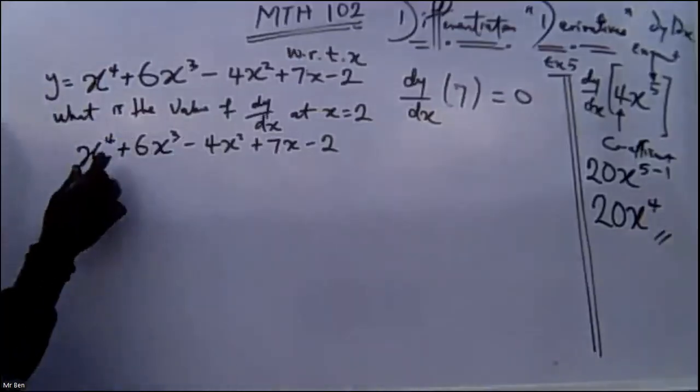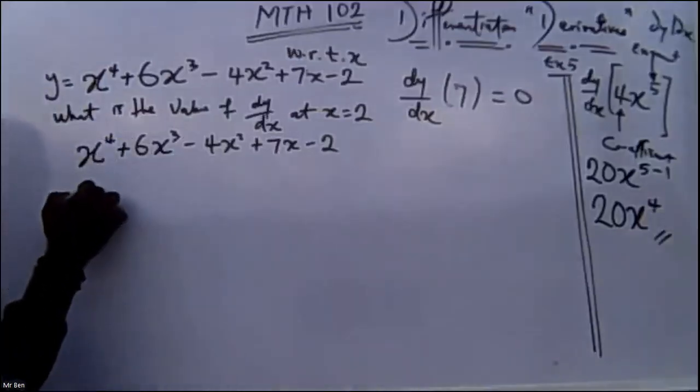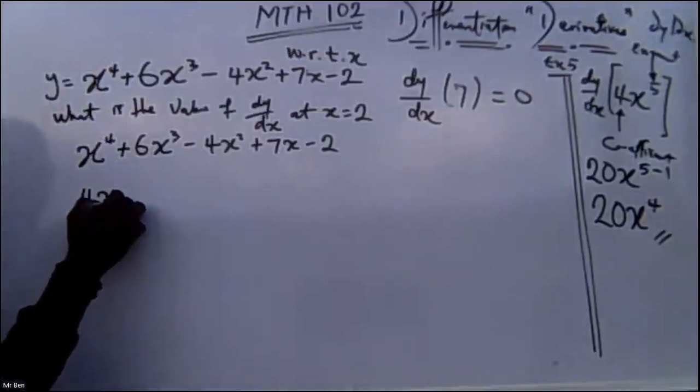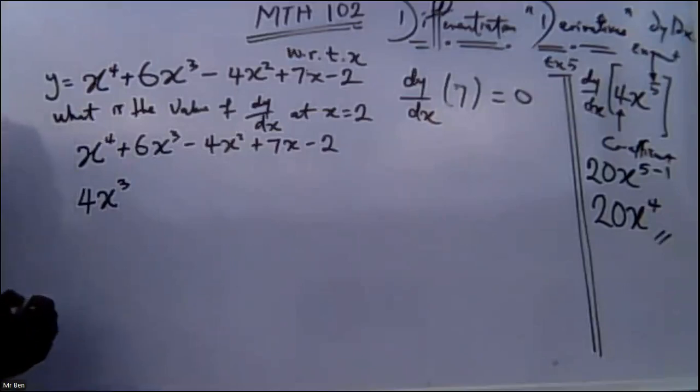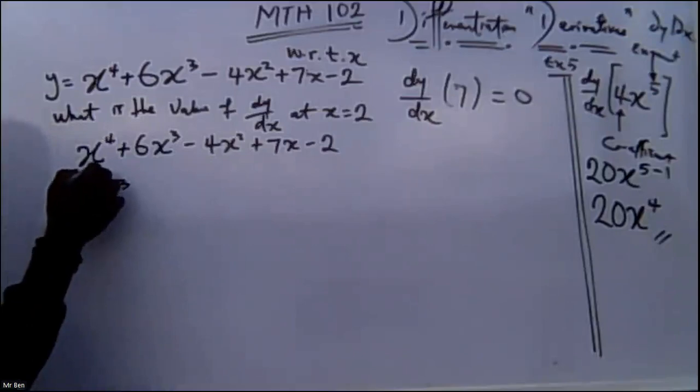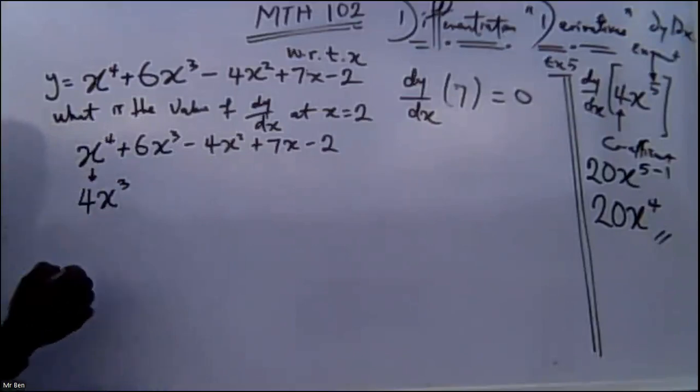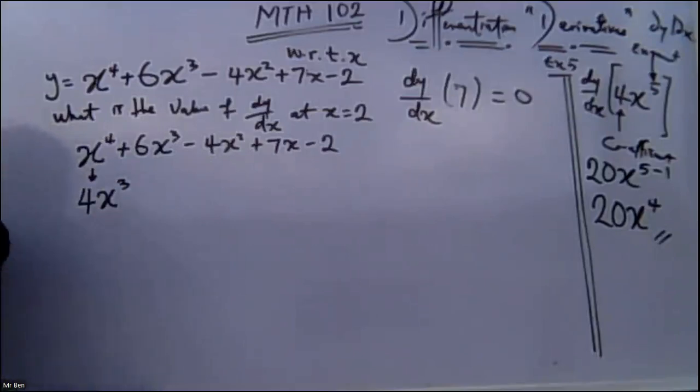Now, differentiating this first part gives us 4x raised to power 3, that is 4 minus 1, which is 3. Am I correct?